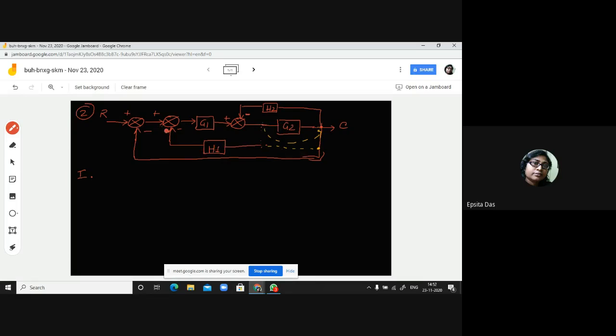So here, if I want to make the system similar, what do I have to do? I have to take a G2 divided by G1 block. It is not taking it as H1. What should I take? I will take it as H1 by G2. Do you get my point?